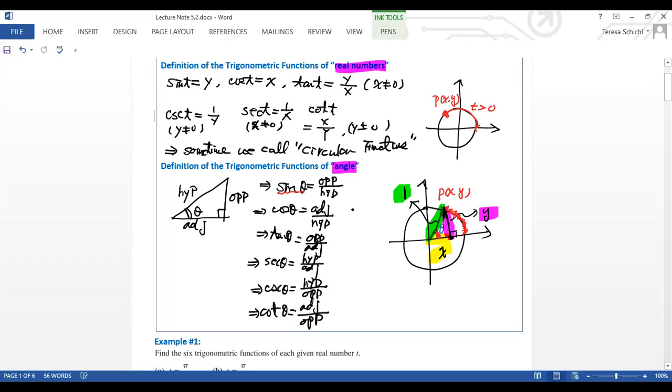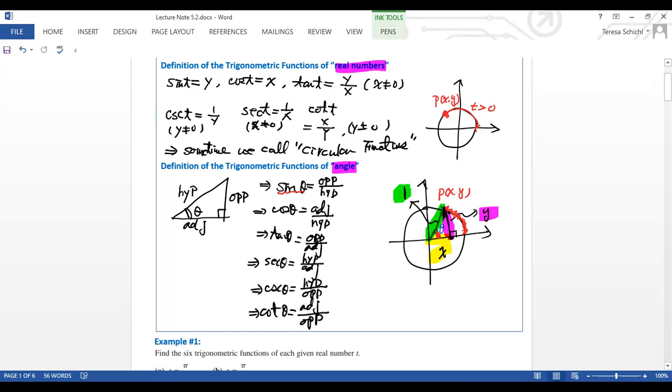All right, so now the cosine is adjacent over hypotenuse. The adjacent is this yellow side, so it's X, so it's X over the hypotenuse, which is 1. So these two definitions have no contradiction here. If you put your angle in radians, we're going to talk more in detail in chapter 6.